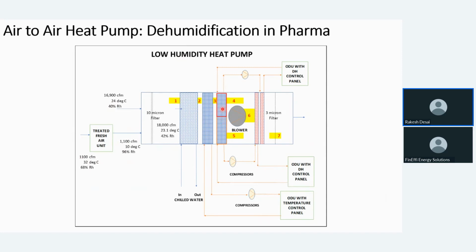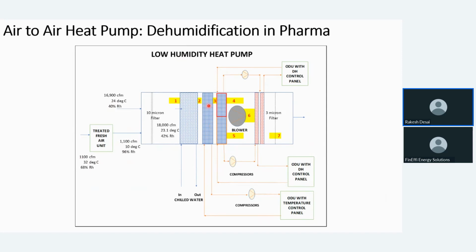So if you see the coil, at the top of the coil there is a separate DX system, and at the bottom of the coil we have another DX system. Now this top DX system is connected to one set of heating coil that is independent, and the bottom DX coil is connected to the second set of heating coil, which is also an independent system.